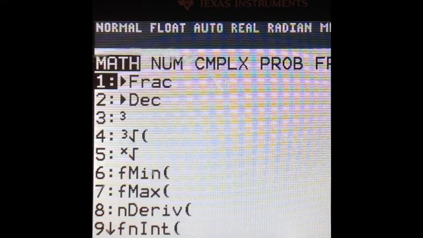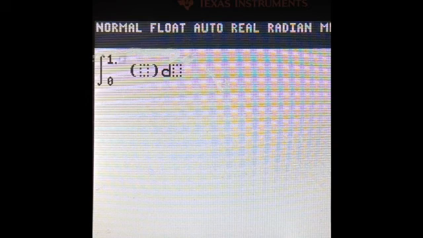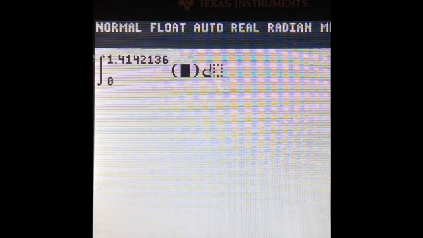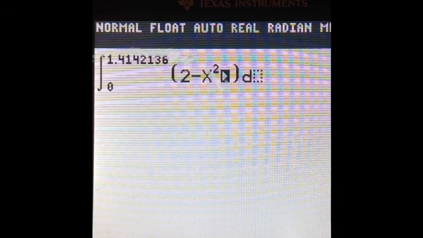We're going to go Math 9, and we're going from 0 to 1.4142136. And we're going to do 2 minus x squared. And you would do minus 0, but of course that's not going to change, so we'll just leave it.